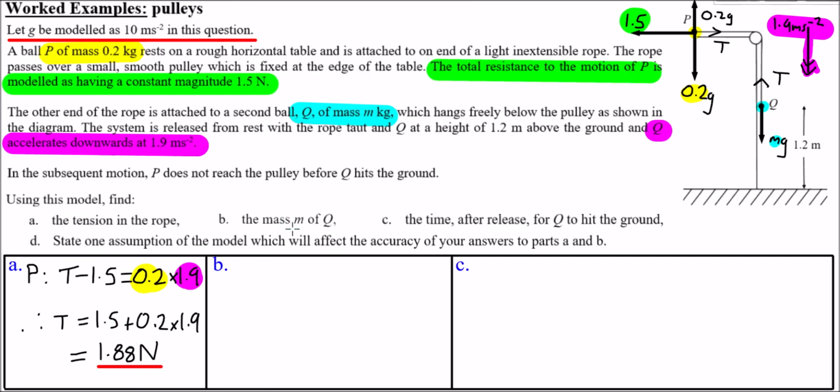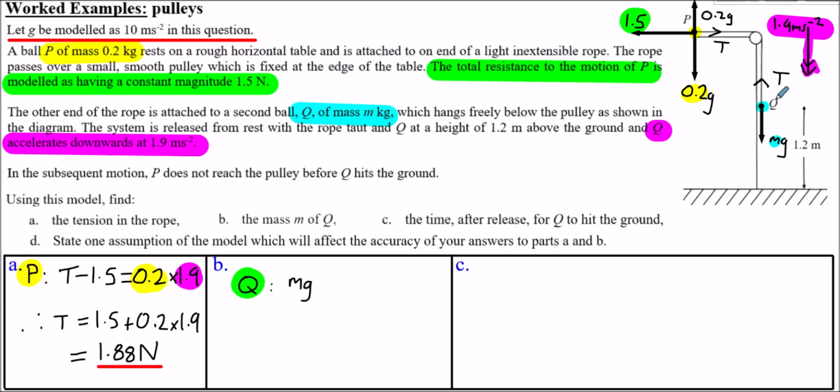For part B, we need to find the mass m of Q. So Q has mass m. Just considering Q now, we've done P. Let's consider now Q. Q is going to accelerate vertically downwards, and so the force acting on Q downwards is mg.